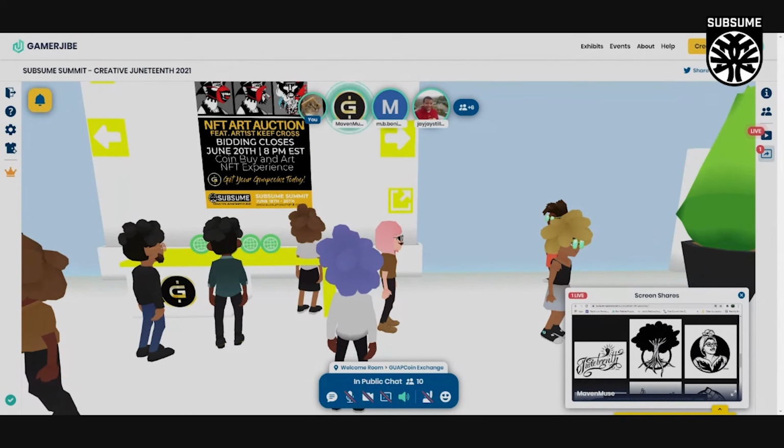So I don't know if anybody else wants to join in, but definitely, if you can see with the screen share, those are the 6 pieces of art that have been provided by the artist Keith Cross. Those are the pieces of art that you get to bid on for the auction. The auction space is being built out. However, this is still an opportunity for you to get GuapCoin. So I will share again how you go about doing that.